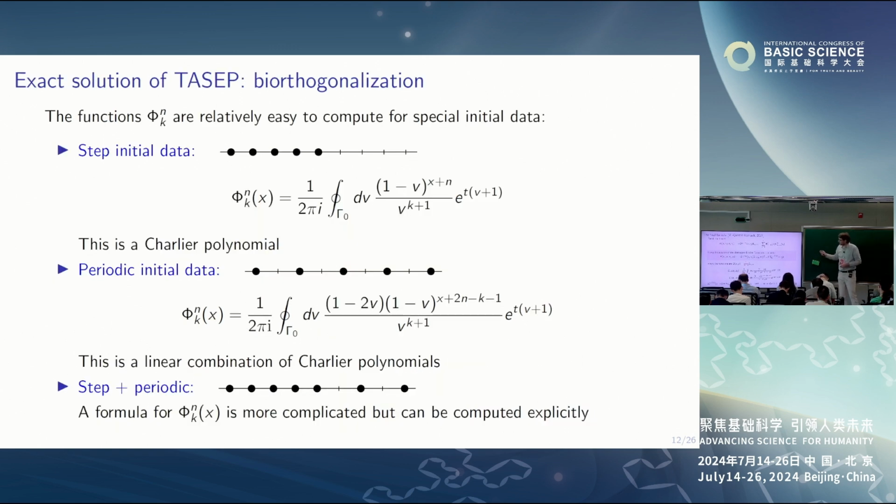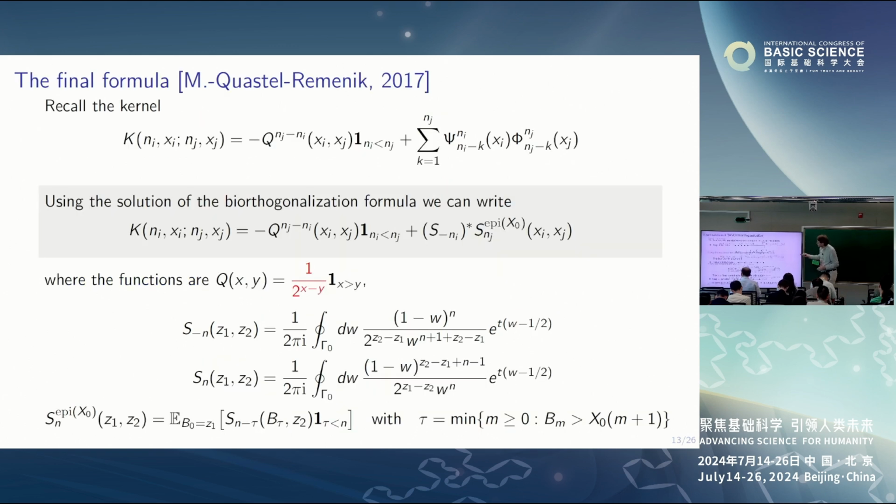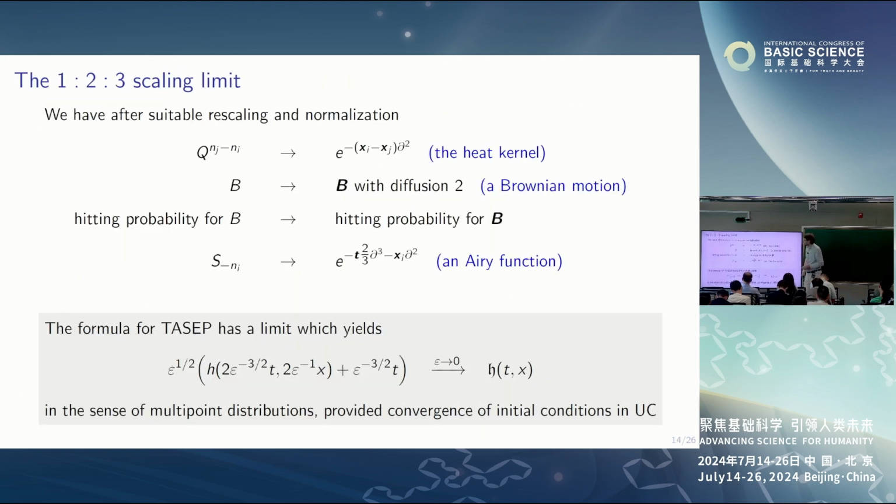In particular, the transition kernel of the random walk converges to the transition kernel of a Brownian motion. So the random walk converges to the Brownian motion. The hitting probabilities for the random walk converge to hitting probabilities for the Brownian motion.